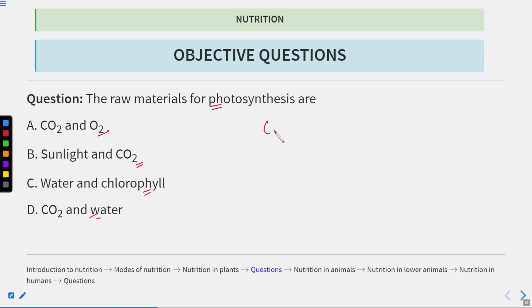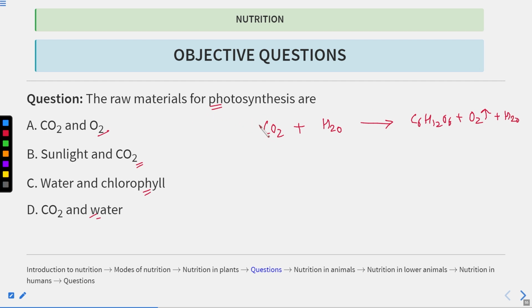So you know what the substrates are. Carbon dioxide reacts with water, and in the presence of sunlight and chlorophyll, a glucose molecule is produced, and along with it, oxygen evolution takes place, and water is also generated.